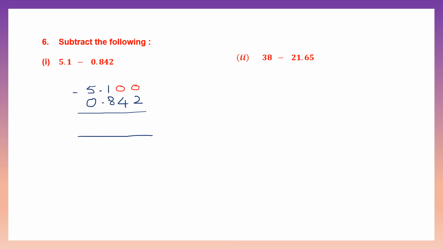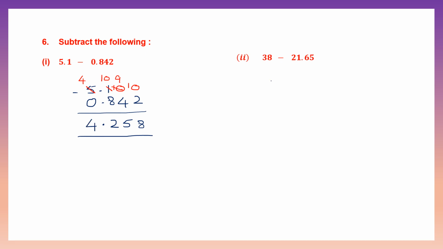Now 0 minus 2 we can't do, so we borrow from here. This becomes 0. This is 10, 9, 10. 10 minus 2 is 8. 9 minus 4 is 5. Then we have 0, so we need to borrow again. So this becomes 4 and this is 10. 10 minus 8 is 2. Then we have the point. Then 4 minus 0 is 4.